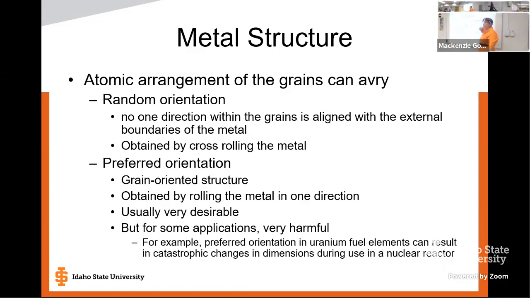How the grains are arranged and how they fit together can vary. We can have a random orientation, which essentially means that there's no alignment with the external boundaries of the metal. They're just random, okay? And you can force this type of orientation when you're processing a metal by doing something called cross-rolling.